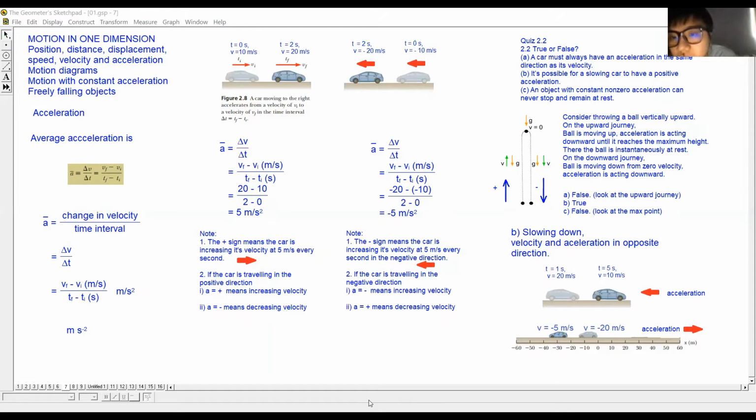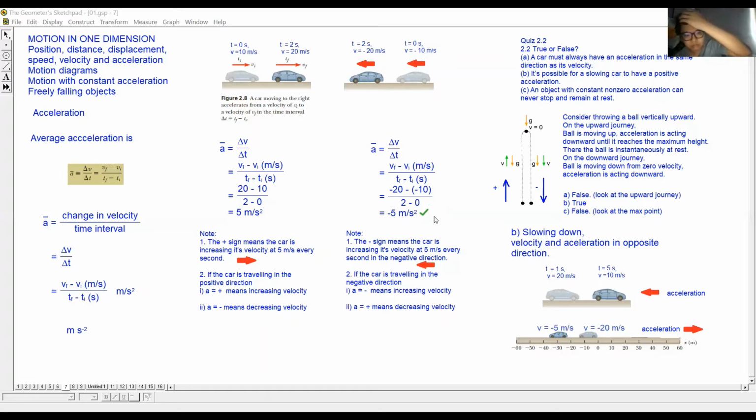The speed is actually increasing, but because it is moving from right to left, we have to use the negative sign there. The true speed is actually increasing, and because of this negative sign, we end up having a negative acceleration.